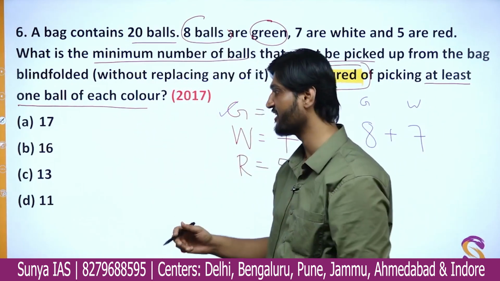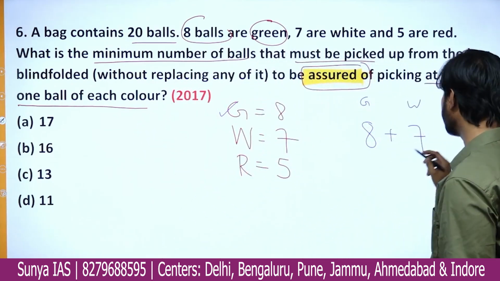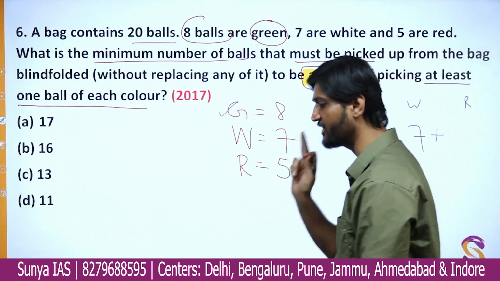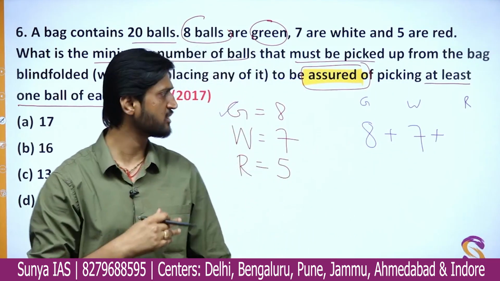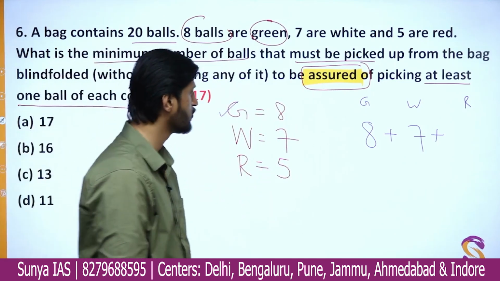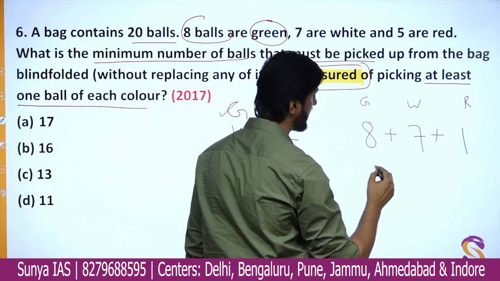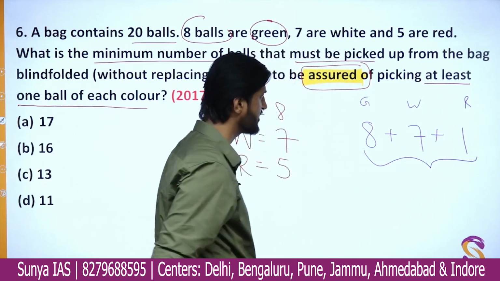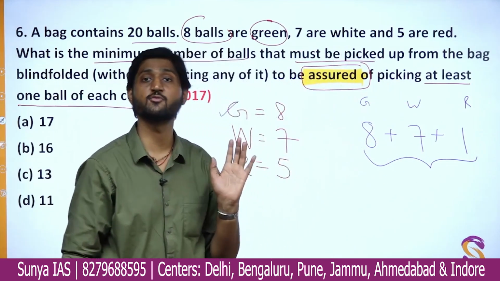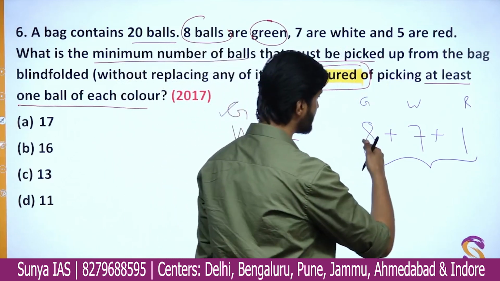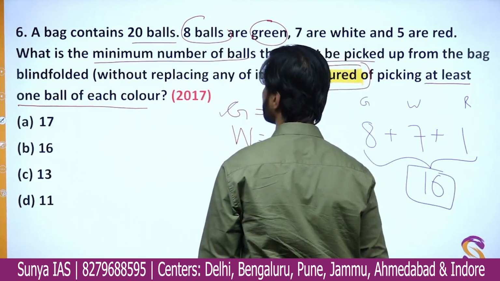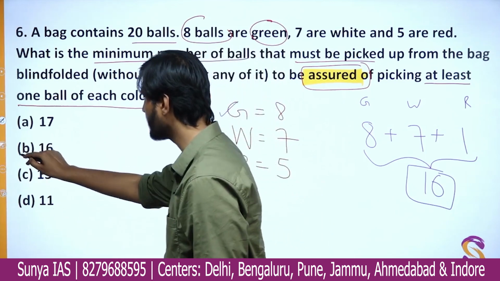So 8 plus 7 I have picked up these balls, and finally I can pick red ball, and even if one ball I pick, I will be sure that since I have safely accounted for these 2 colors, now I can just pick one ball out of them and I will have all the possible options covered. Okay, so overall we have 8 plus 7 plus 1, 16 balls which are needed to be picked up in order to get one ball of each color.